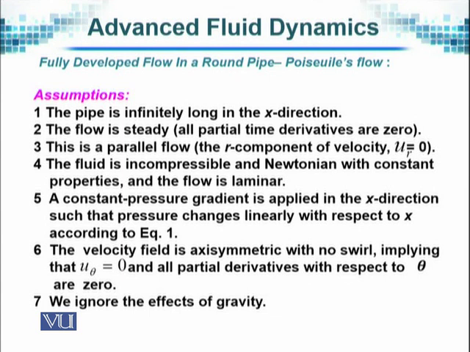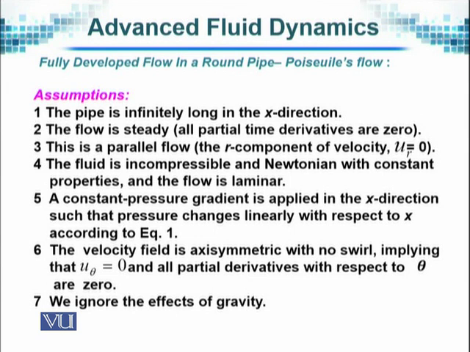The pipe is infinitely long in the x direction, that is given in the problem. The flow is steady, so partial derivatives with respect to time will all be zero. This is a parallel flow, so the r component of the velocity, u_r, will be zero. The fluid is incompressible, so variation with respect to rho will be zero.